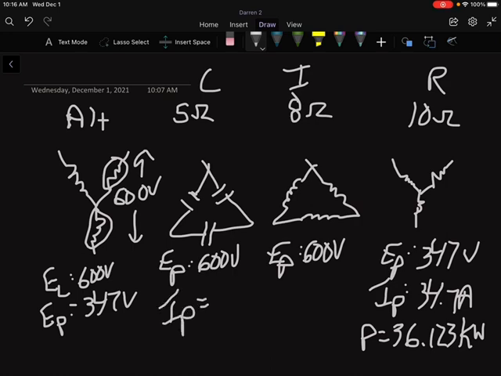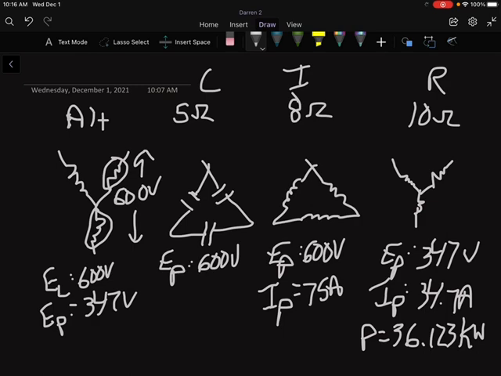I phase is equal to 600 volts divided by 8 ohms, so 600 divided by 8 is 75 amps. So I phase is equal to 75 amps.